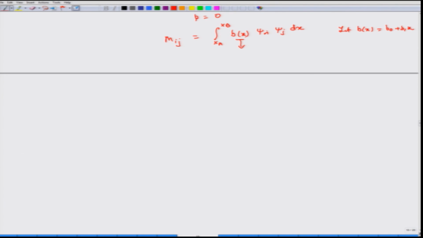Then what is this? First order. Let us say psi i is linear, we choose linear interpolation functions, then this order is 1, this order is 1. So what is the total order? P becomes cubic in this case.